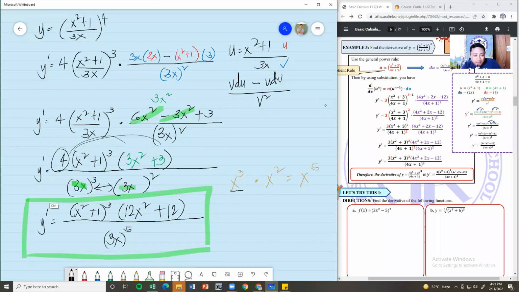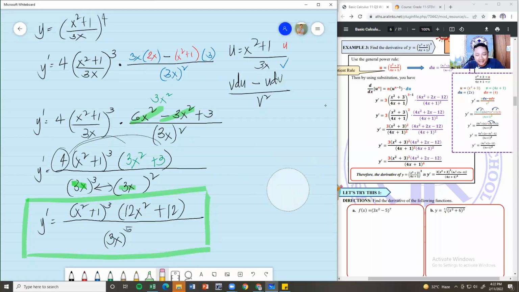So similarly, since 3x and 3x are just the same base, you just copy the base and add their exponent. So that becomes 3 plus 2. Okay? So at least that becomes clearer.